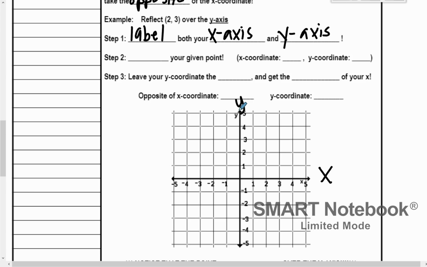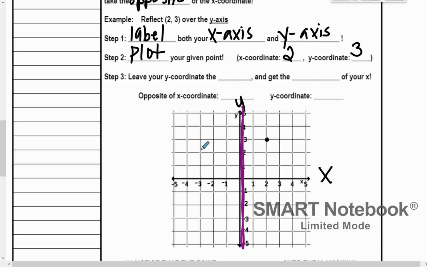Our step 2 is going to be plotting our given point, which is (2, 3). So I'm going to go over 2, up 3. Now we are reflecting over the y-axis this time, so it should be flipping over the y-axis. Our point should not be transferring down here, it should be flipping over the y.